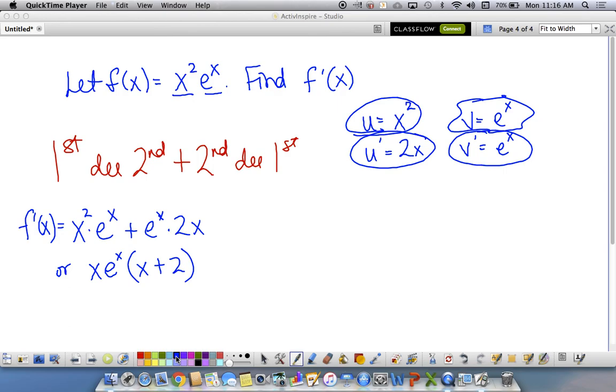So let's look at a generalization of how we could write first d second. So if you want to look at the derivative of a u times v with respect to x, this is just the derivative of a product.